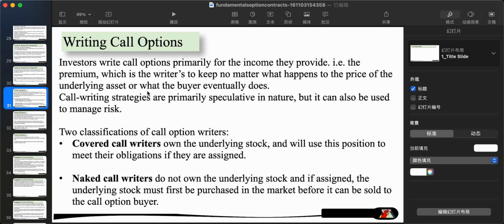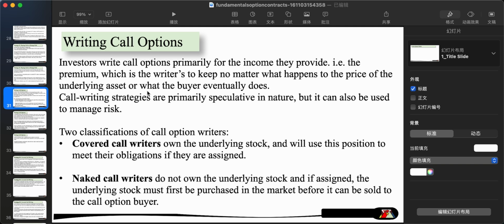In a lot of situations, typical covered call writers will have 100 shares in hand, and they're also selling, for example, two to three contracts of calls.